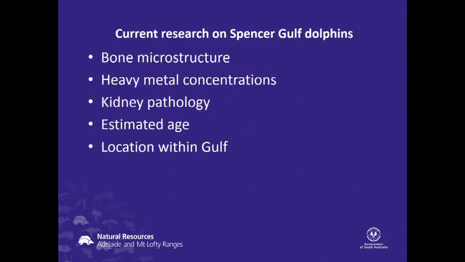Therefore, we are still continuing the research on the bone microstructure, and the heavy metal concentration in all the individual animals' organs, and morphometric analysis of the kidney and kidney pathology, and then estimated age to be determined, and location in the Gulf.